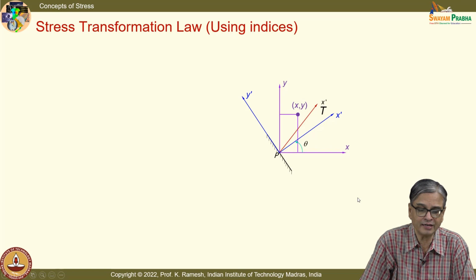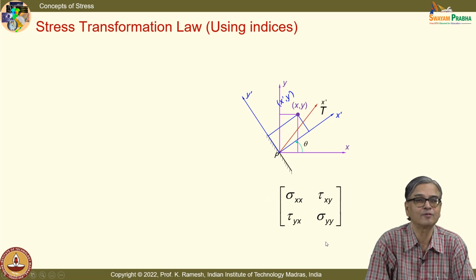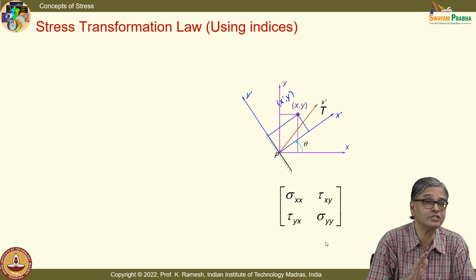You are given the stress tensor at that point, and you also have knowledge of how to express x prime y prime in terms of x comma y. And note the way that I have written this. What is it that I have written? I have written it in the way we originally developed.